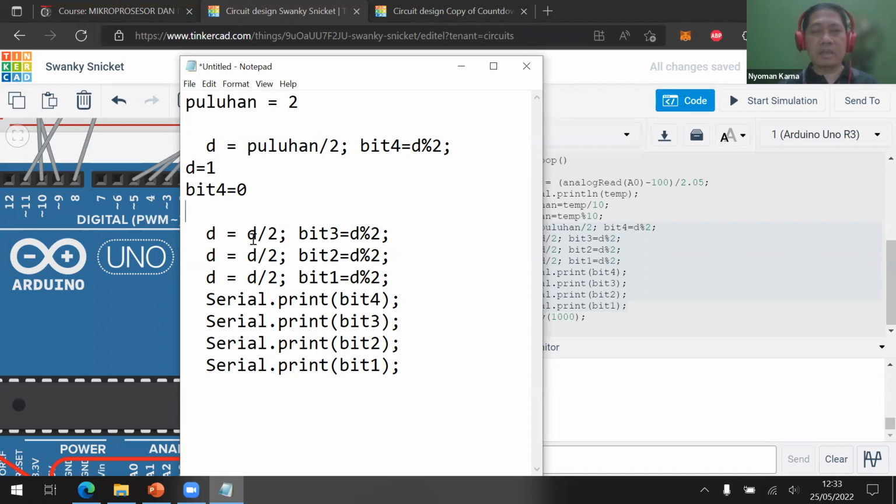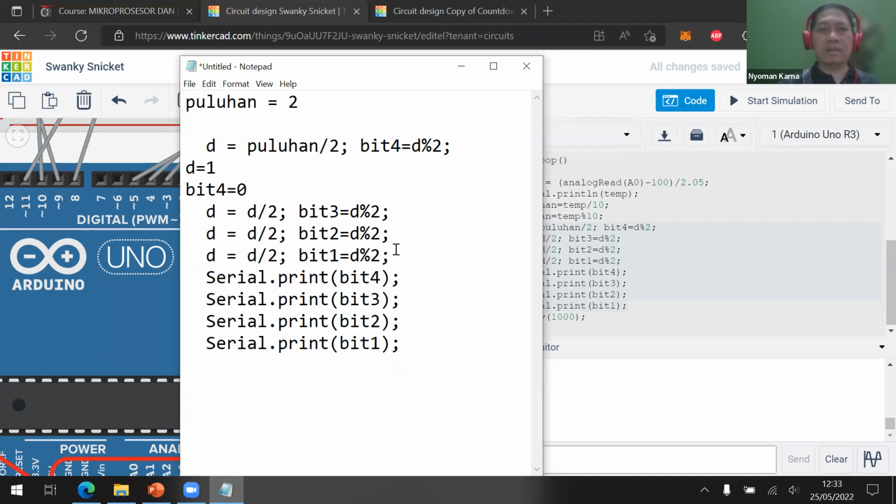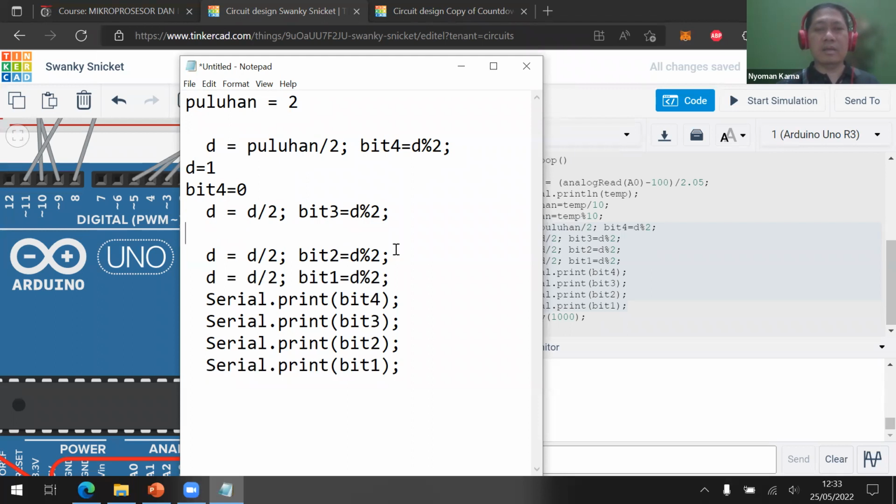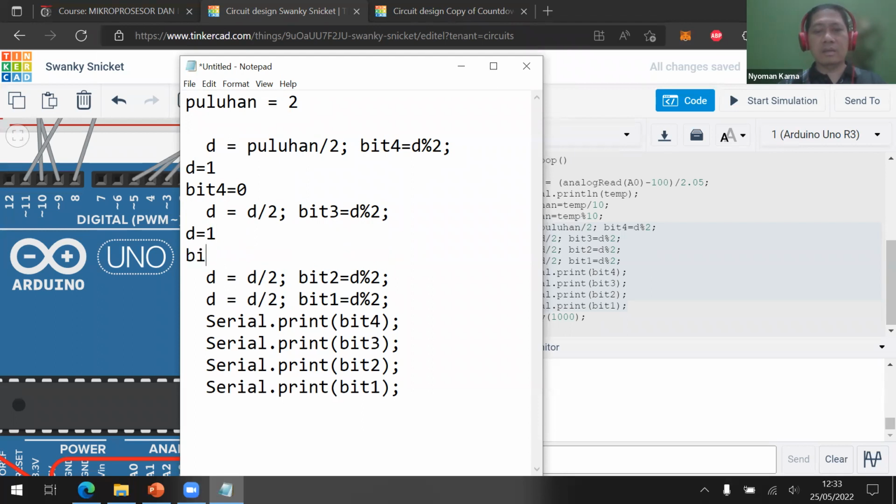And then the second calculation: D becomes 1 divided by 2, so it becomes still 1. And then for bit 3, D is 1, and 1 modulo 2 is 1. Okay, that's not correct.